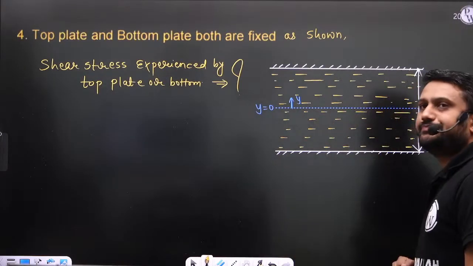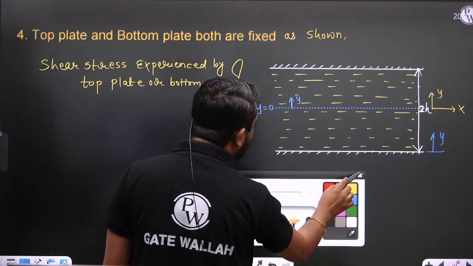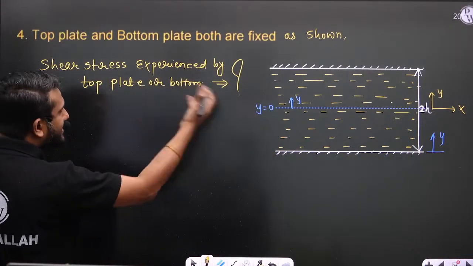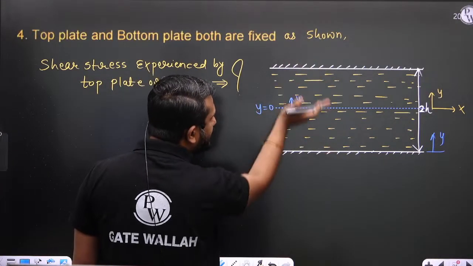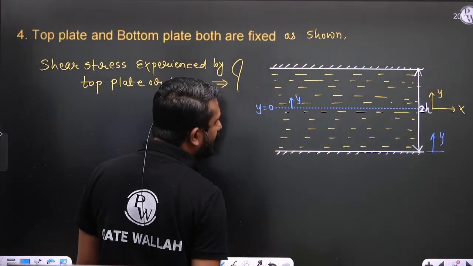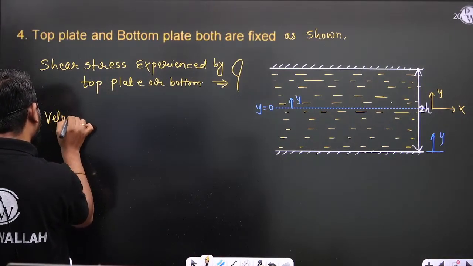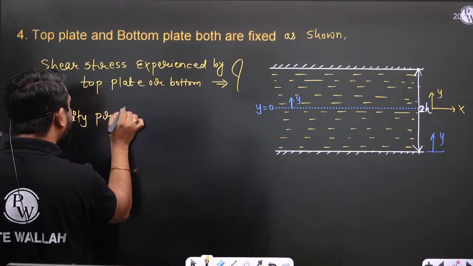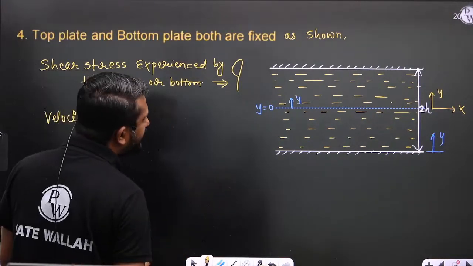Okay, now see, in this case I'm not assuming the velocity profile as linear. Let us consider that in between these two plates the velocity profile is non-linear. If the velocity profile is linear, then it is very, very simple.